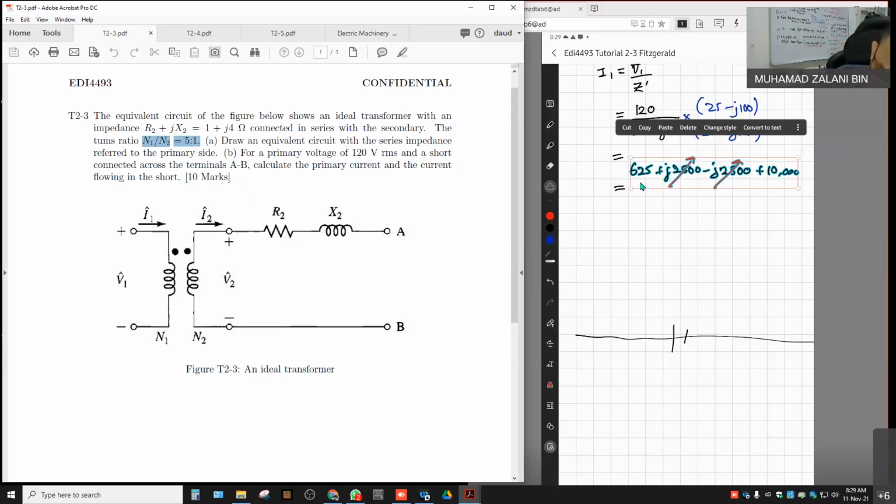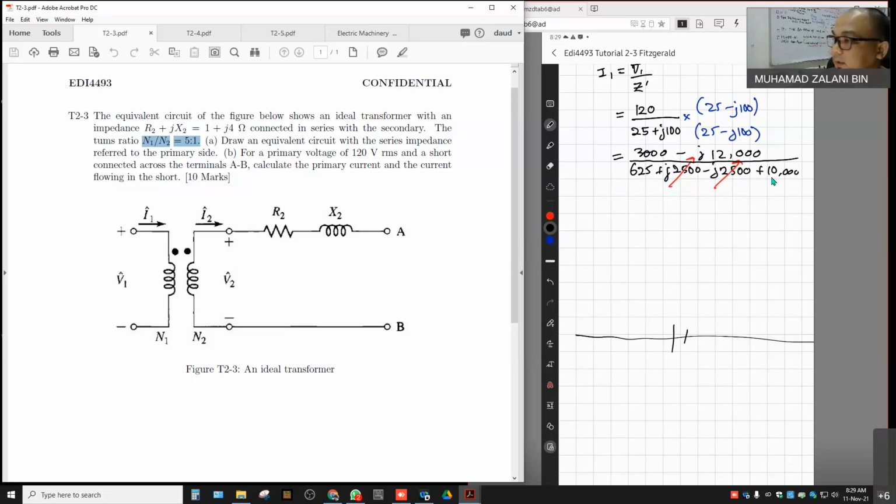Betul. Okay, saya kena adjust sikit. Okay, I will do it like this. Yang atas 25 120 3000. 3000 tolak J 12,000 betul? Salah bagi tahu. Okey, yang bawah yang tu cancel.